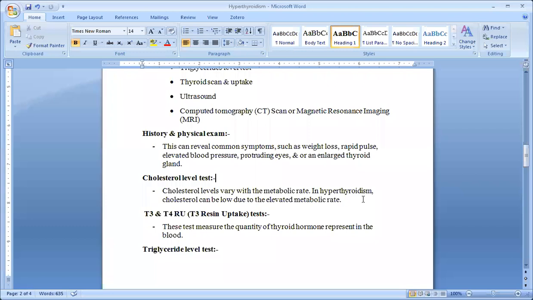What is their function? It increases the metabolic rate, and due to that the cholesterol is lowered, and so there is weight loss. Also in the triglyceride level test, the triglyceride level becomes low, and due to that also there is weight loss. Have you understood why there is weight loss?